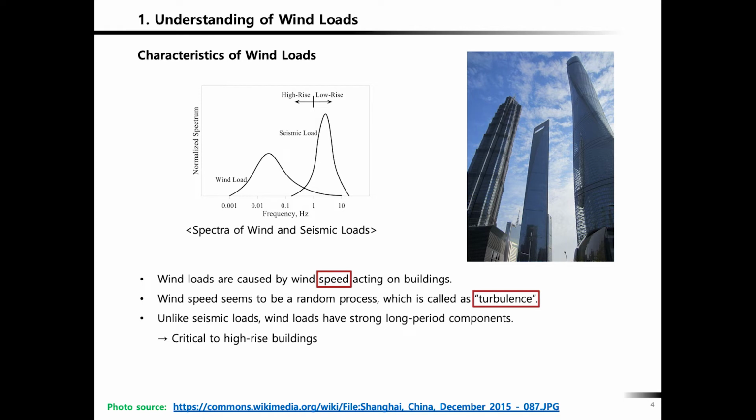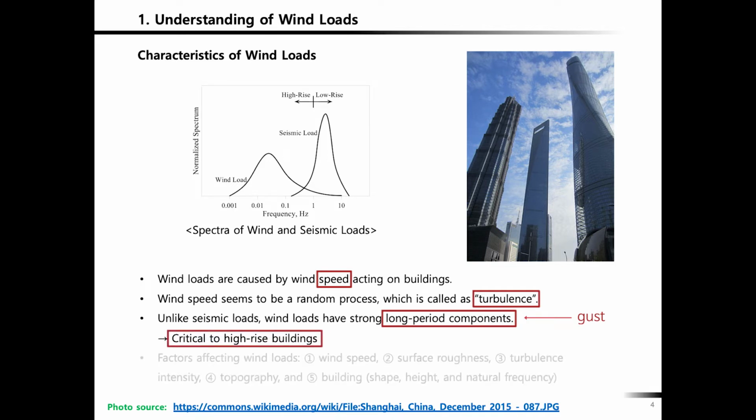Unlike seismic loads, wind loads have a strong, long period component. I'm talking about gust. Gust has a long period component. The mean has a very, very long period component. This kind of long period component is critical to high-rise buildings.